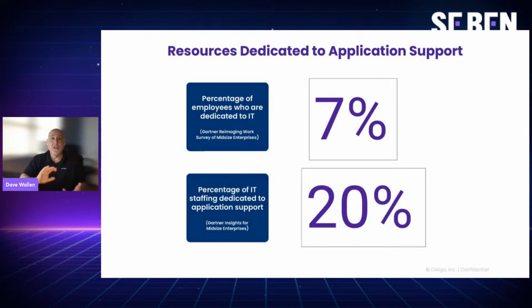And then you think about the number of people who are dedicated to application support. Before, when I said 40% of IT spend is done by the business, that is really the application group.